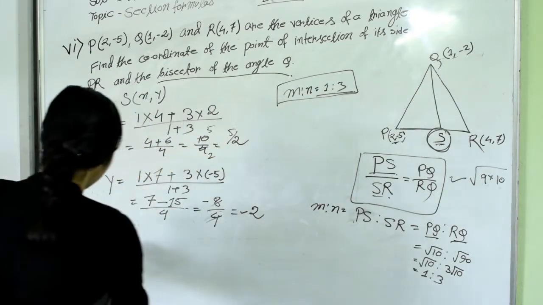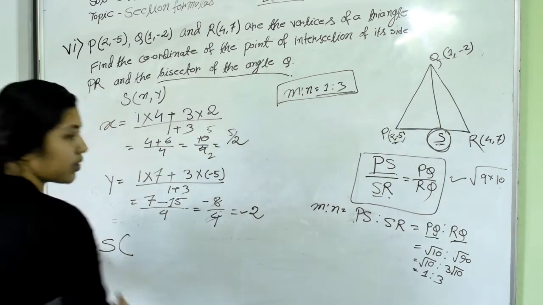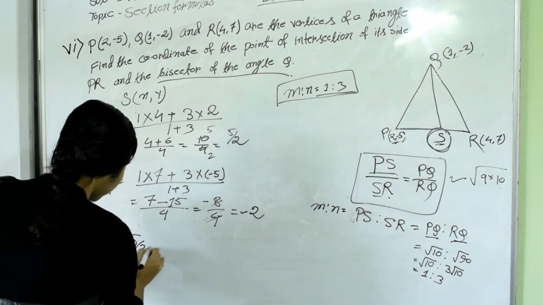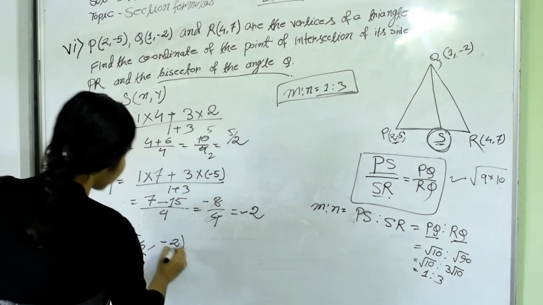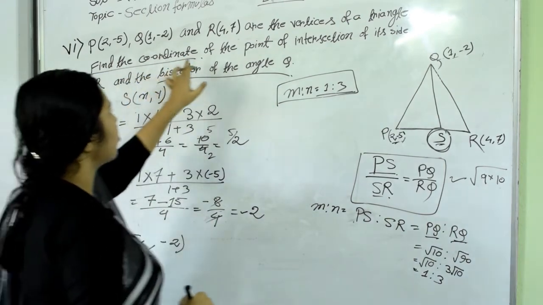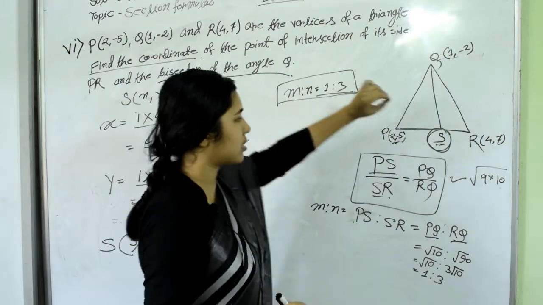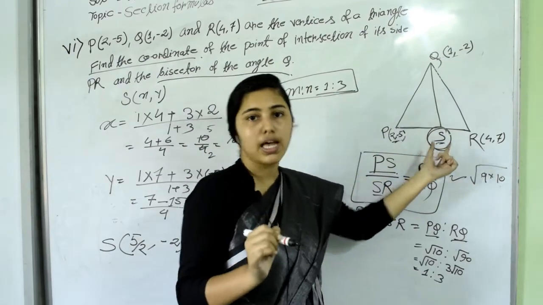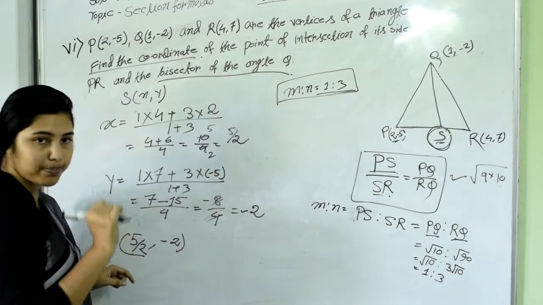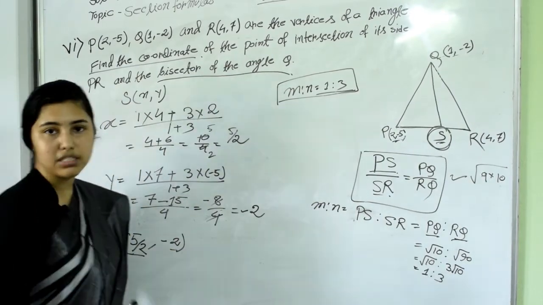So the coordinate of the point S is 5 by 2 comma minus 2. So here our answer: the coordinate of the point of intersection, which is S, is 5 by 2 and minus 2.